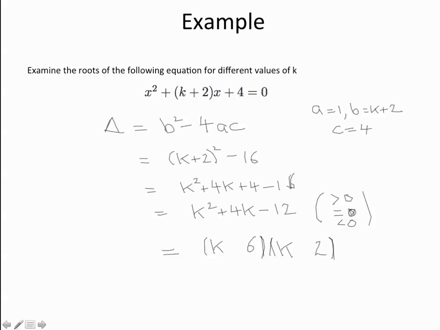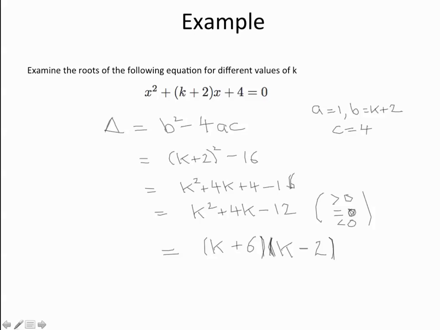Let's see if it works. Well, if I had a plus here, I'd get plus 6k, a minus here, I'd get minus 2k, which would simplify to 4k. So let's just check that. k squared minus 2k plus 6k minus 12. It works. Okay, so I've got two brackets.